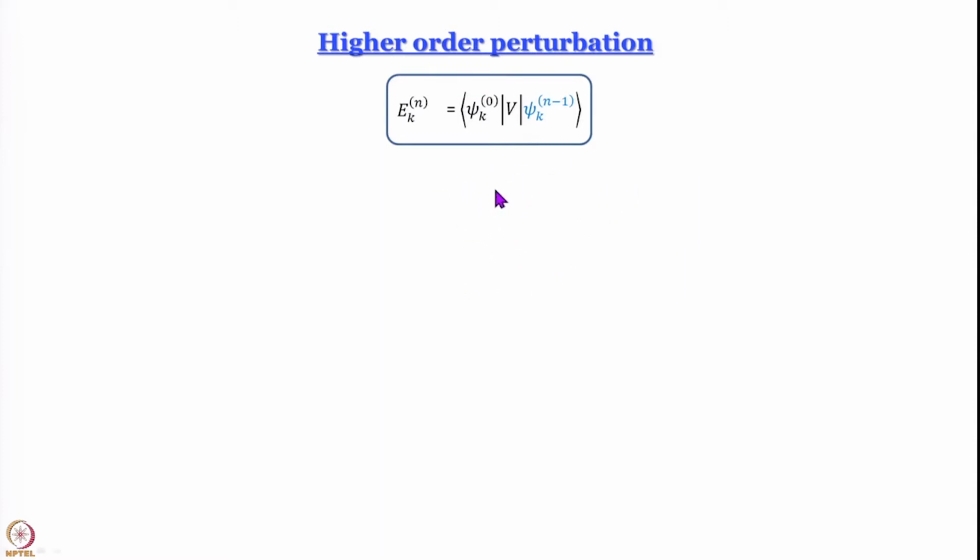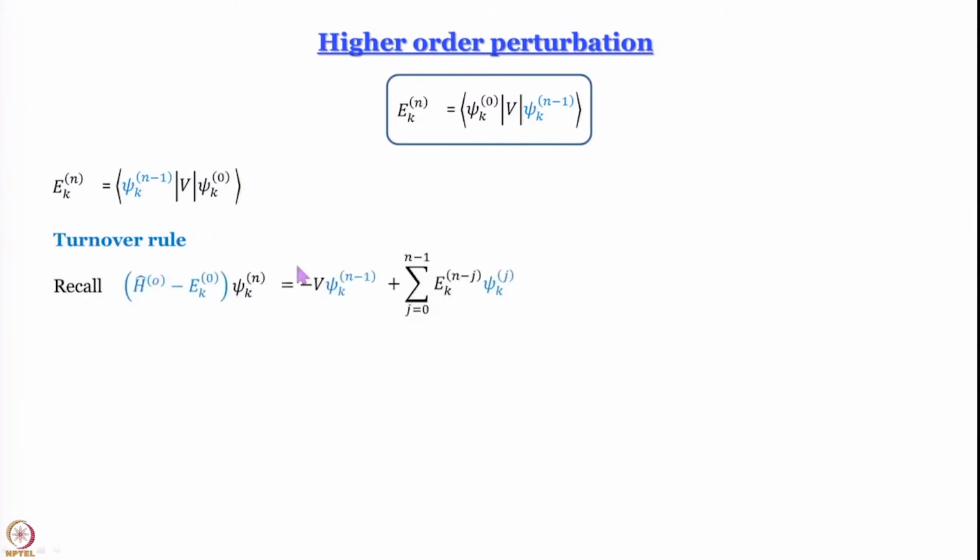Now, what we will do is use our old friend, the turnover rule, and interchange the wave functions in the Bra and Ket vectors. We can do that because V is a real quantity. Remember the turnover rule. And why do we do it all of a sudden? Why do we bring the unperturbed wave function psi k from the Bra vector to the Ket vector?